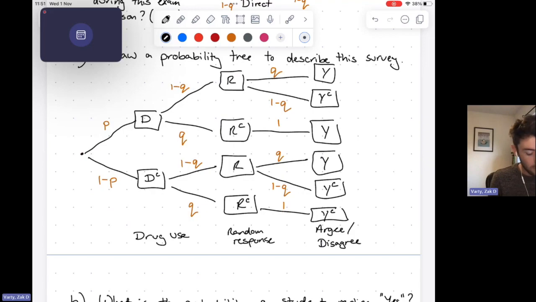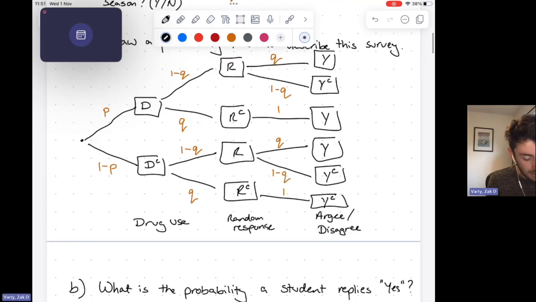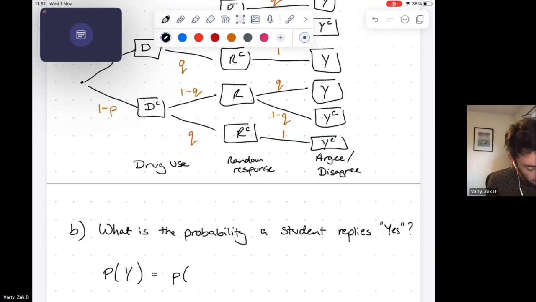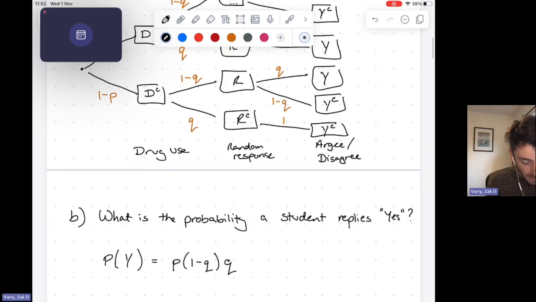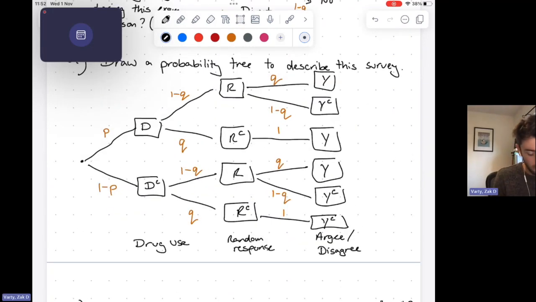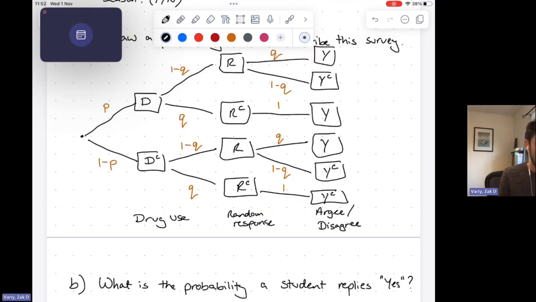So here we've got three different ways of achieving yes. The first one has probability P times 1 minus Q times Q to get along to this top arm. The next one down occurs with probability PQ, where I'm dropping the probability 1 of responding yes, because we know that that student has taken study drugs.